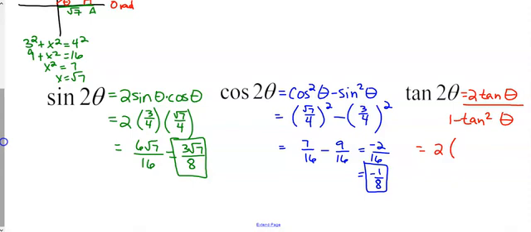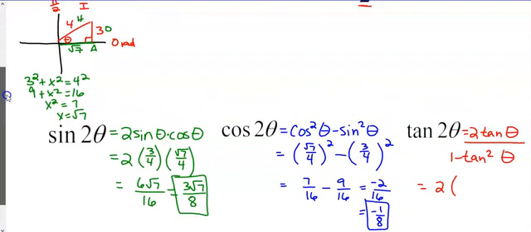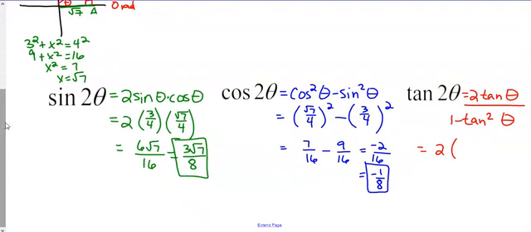We haven't done that one yet. Tangent, opposite over adjacent. So opposite was, we go back to our triangle, opposite was 3, adjacent is square root of 7. Over 1 minus, now that tangent squared. So 3 over root 7 squared.